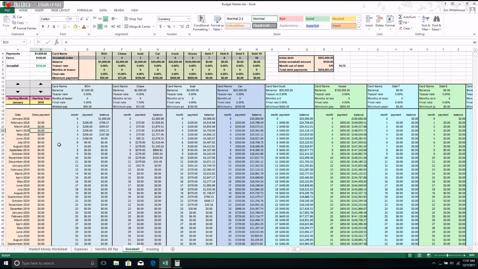The other way is going to be when you start to see how fast the balances go down and items pay off, you're going to start increasing that snowball. You'll have a yard sale and you'll put $200 on, or you'll get money back from your taxes and you'll put that tax money on.